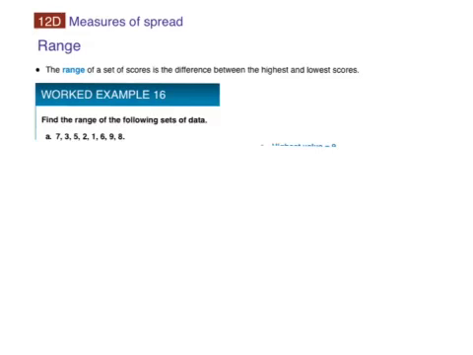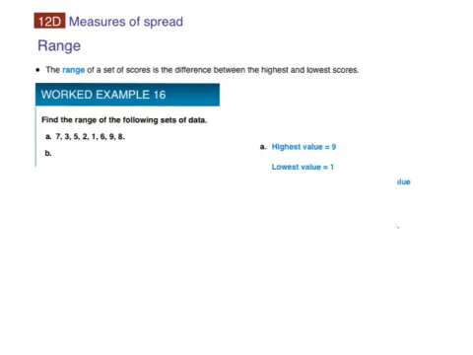Here's one. If we have this set of scores 7, 3, 5, 2, 1, 6, 9, 8, let's try to find the range of this set of scores. By definition, the range is just the highest minus the lowest score. The highest value is 9.